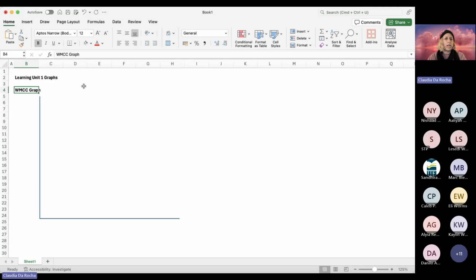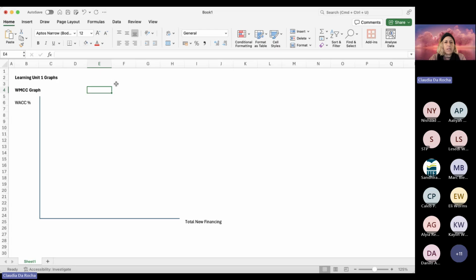And in essence, what does it show us? It shows us our WACC percentage versus our new financing. So how much are we getting for financing? In essence, when we are drawing this particular graph, you have to do the breakpoint first.